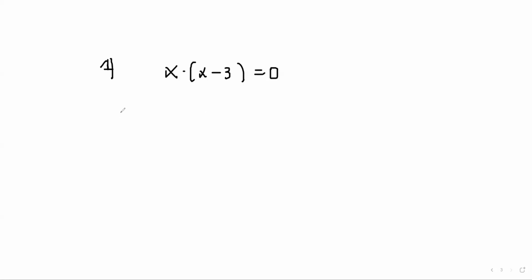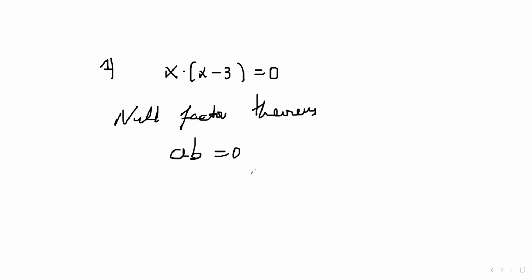We need to know a theorem which is called the null factor theorem. What is this theorem? If we have a product equal to 0, AB equals 0, then either A is equal to 0 or B equals 0, or both of them.